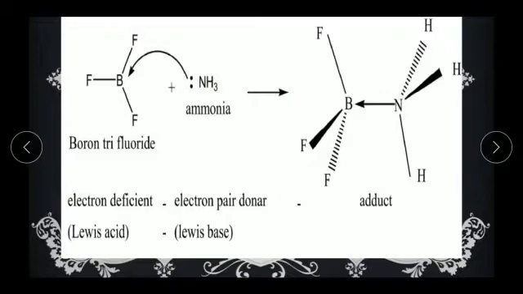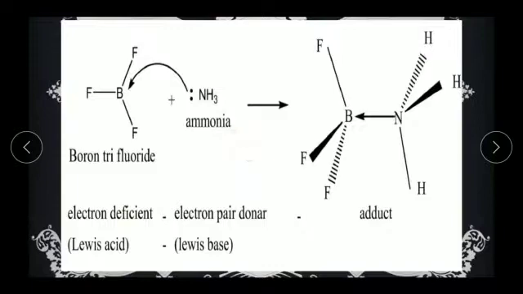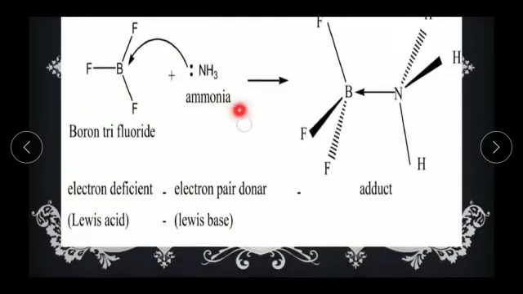So what may be the acid? Yes, boron trifluoride is the acid portion, and ammonia is the Lewis base. From this we can conclude that a Lewis acid is electron deficient. What is a Lewis base? It is an electron pair donor.